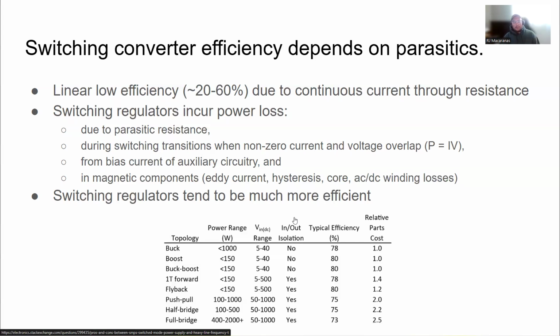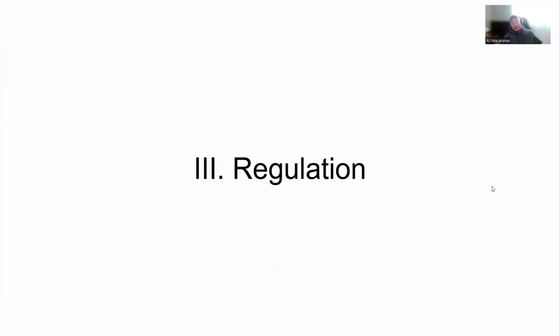So we've got a bunch more sources of power loss, but somehow we're still able to come out on top pretty significantly, actually, right? You can see these efficiencies for these really basic topologies. They're all easily over 70%, where the best possible linear regulator that we could really make is probably 60% efficient there. That's kind of all I had to say about efficiency.